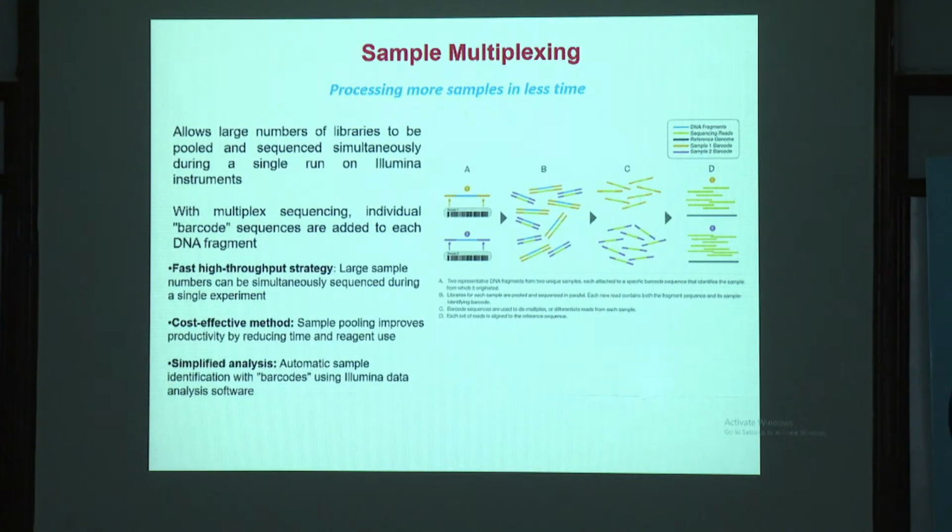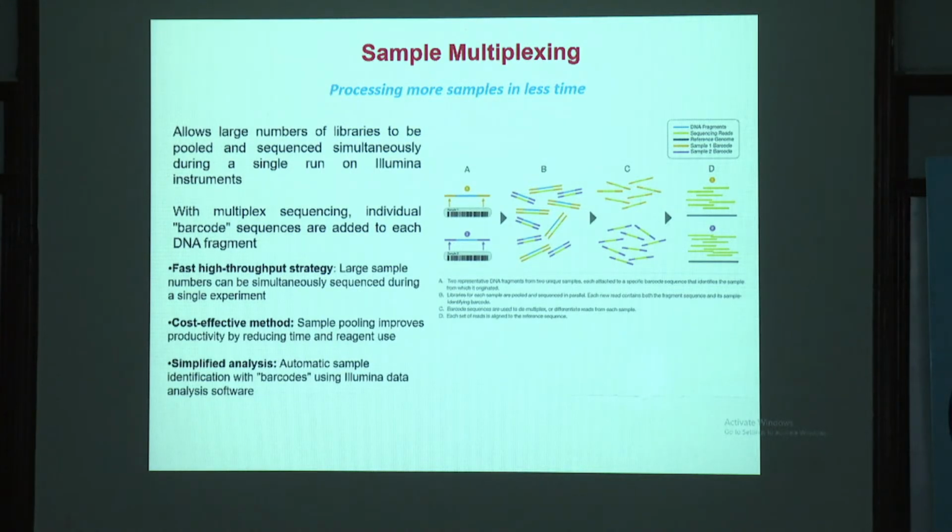So you will have to add some barcode, or you can call it an identifier or tag. Then you have to pool all the samples, and after sequencing you have to do the demultiplexing. You will get the data, and your tags are there, so you can identify that this sequence is ours, this one is ours. On the basis of barcoding you can then do the demultiplexing.